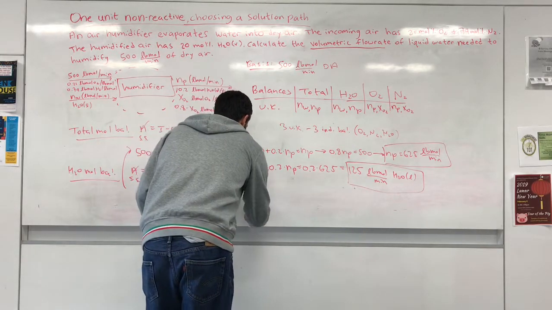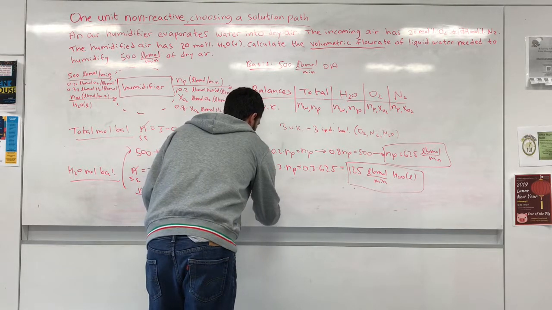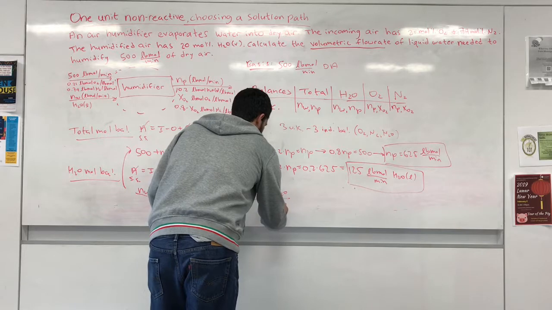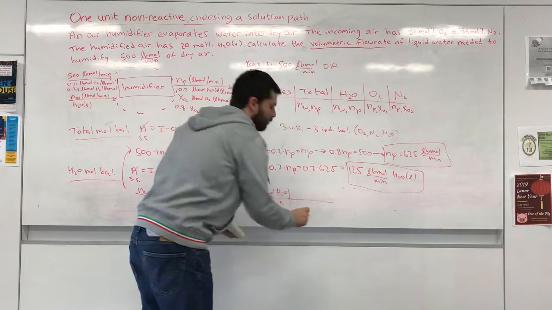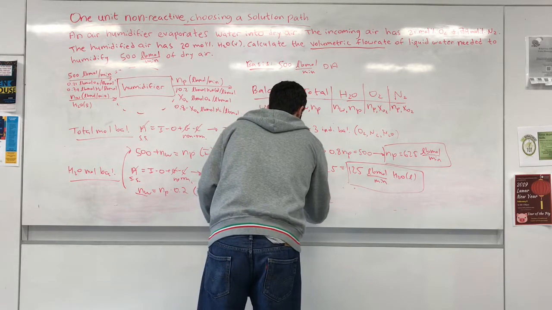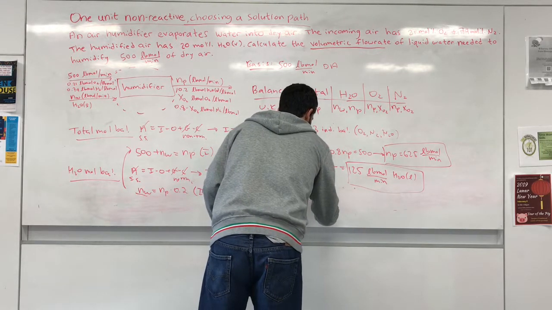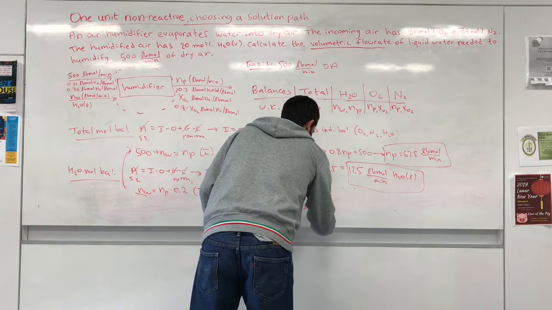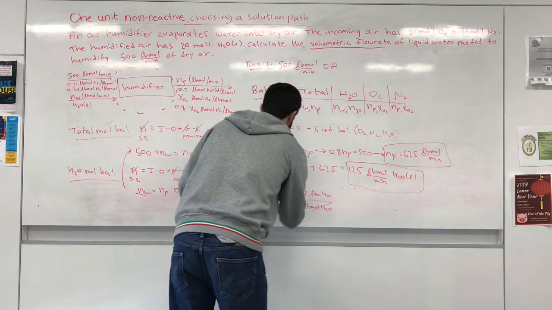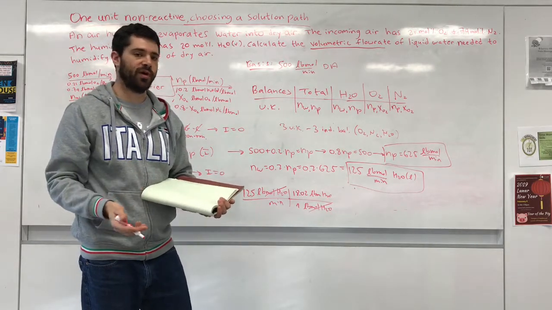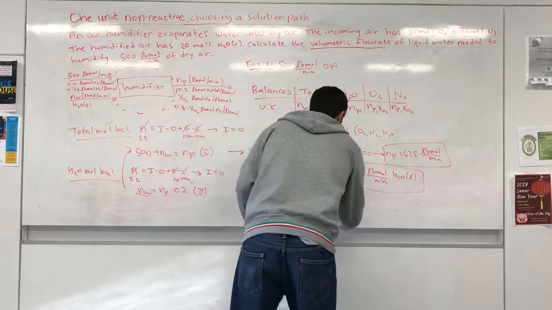So we take this 125 pound mole water per minute. The molecular weight of water is 18.02. So 18.02 pound mass H2O per pound mole H2O. So these cancel out, and then you can use the density of water, which you can find online or in different books.